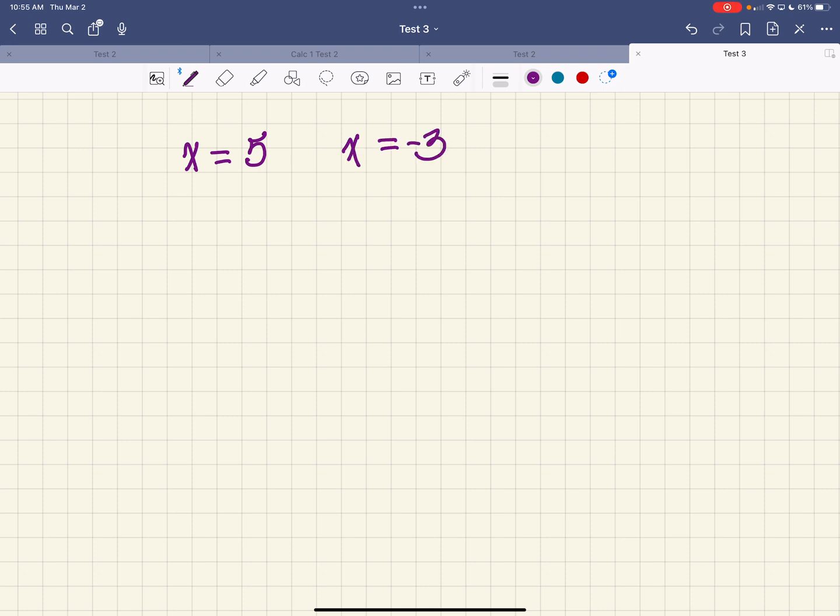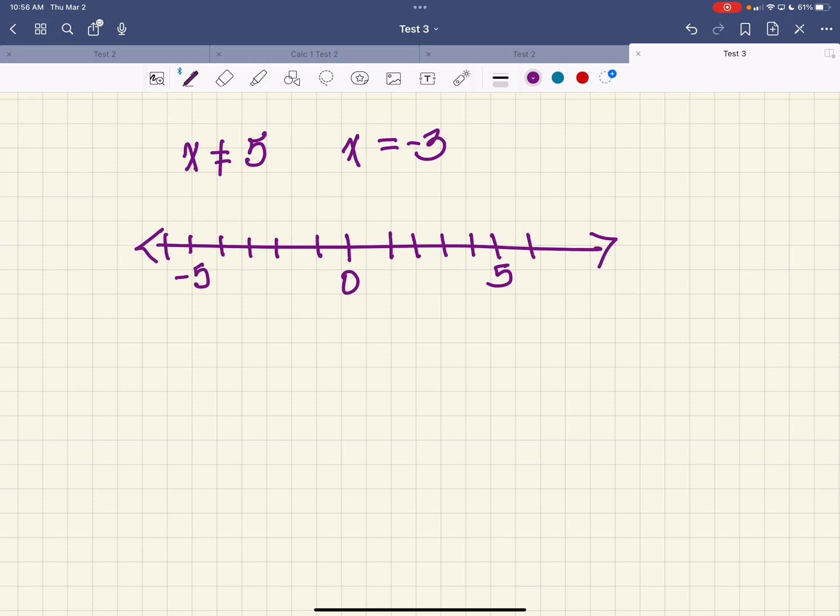So now I've got a number line. Here's 0. Here's 5. Here's negative 5. Okay. So x cannot be 5 and it cannot be negative 3. So 1, 2, here's my negative 3, and here's my positive 5.